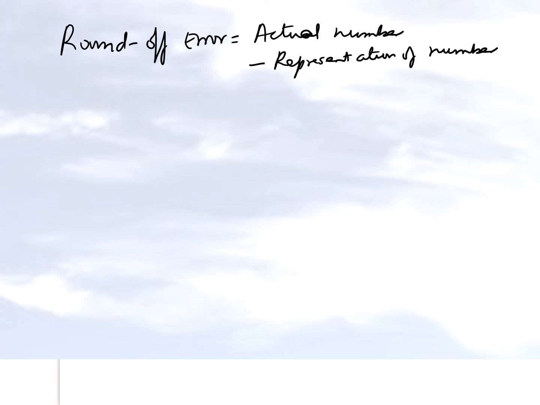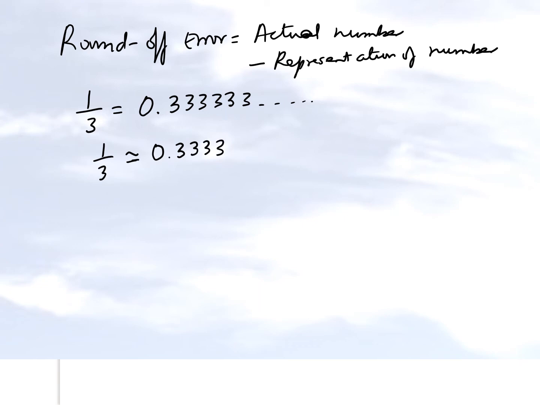A good example of that is 1/3. If you write 1/3 in decimal format, it will be written like this. Now if we want to represent 1/3 with only 6 significant digits, then this will be the approximation of 1/3.